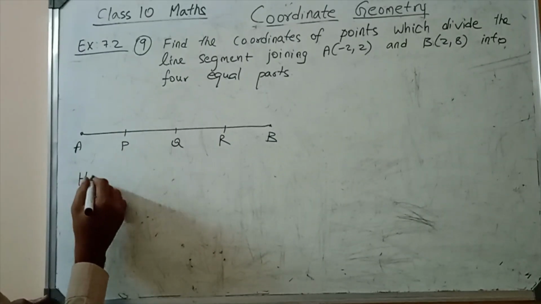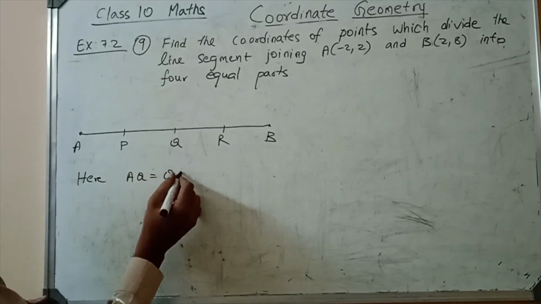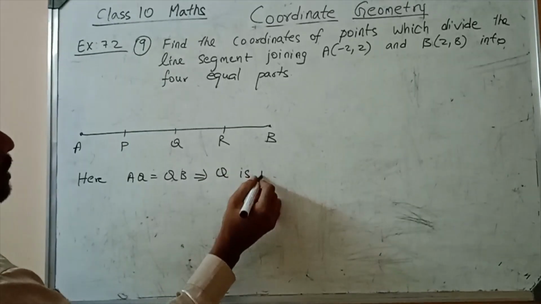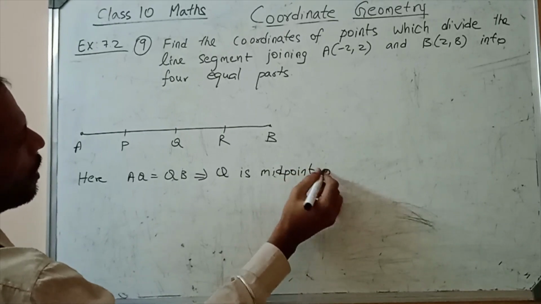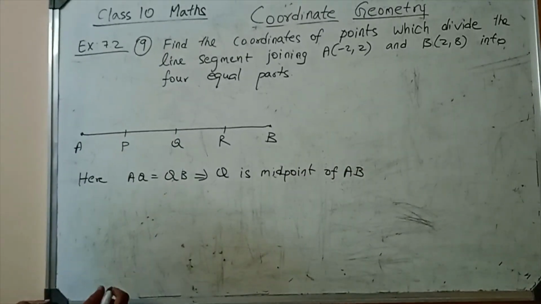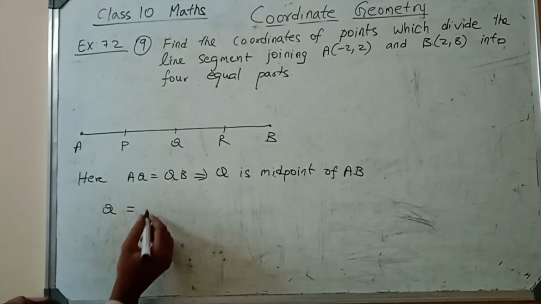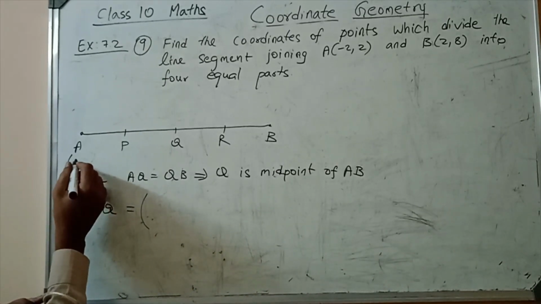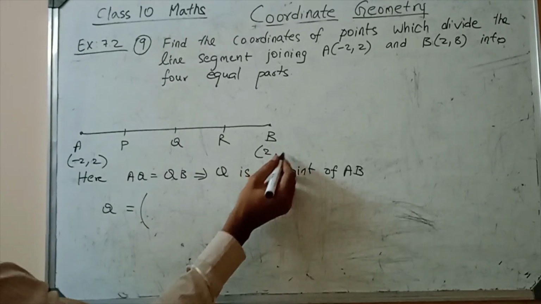So here AQ is equal to QB. That implies Q is the midpoint of AB. So now using the midpoint formula you can find Q. What are the coordinates of A? (-2, 2) and then B is (2, 8).